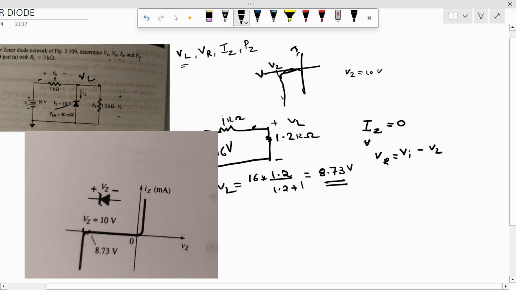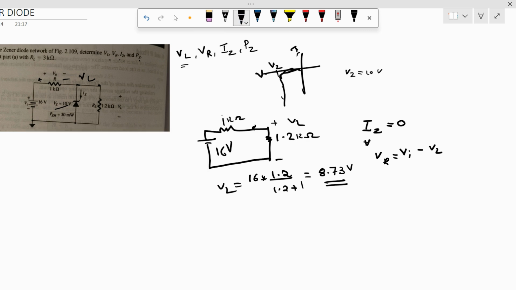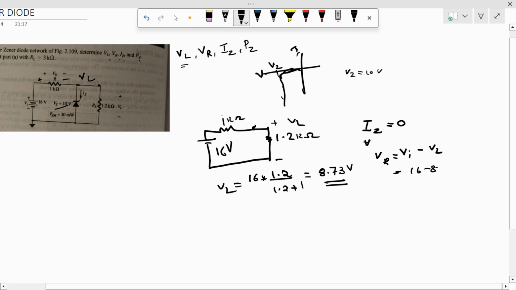This is the VR, this is the plus terminal, this is the minus terminal. So we can just calculate using VR equal to VI minus VL. VI is 16 minus 8.73 volt. It will be 7.27 volt, right? So we got VR equal to 7.27 volt.